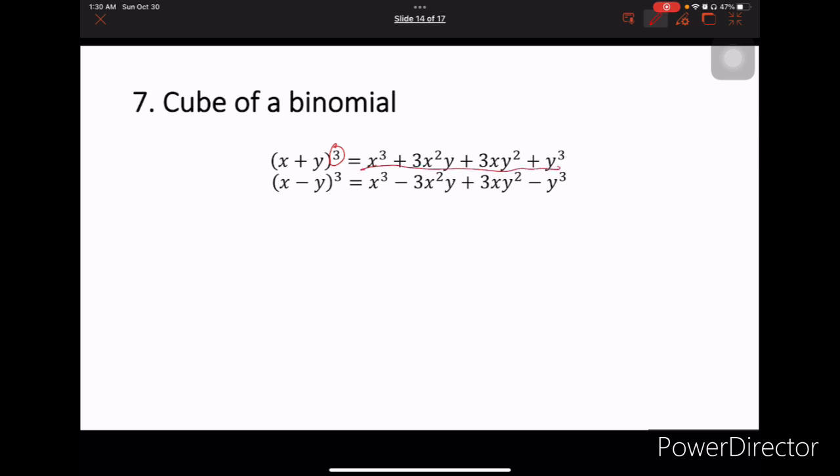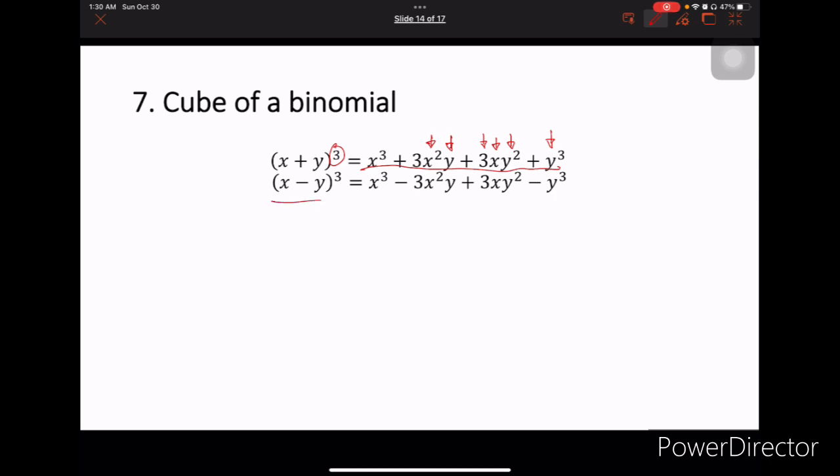We just cube the first term, that's x cubed, plus 3 times the square of the first term times the second term. So you will have 3x squared y plus 3 again times the first term times the square of the second term. So you have 3xy squared plus the cube of the last term. So you will have now y cubed, right?